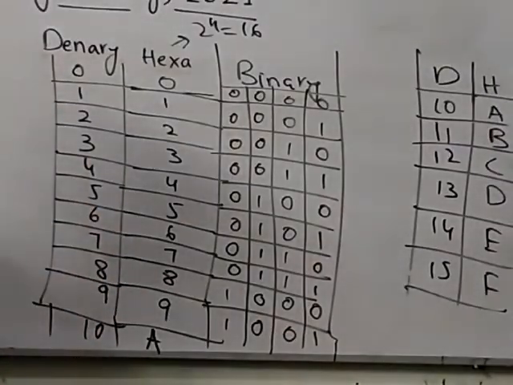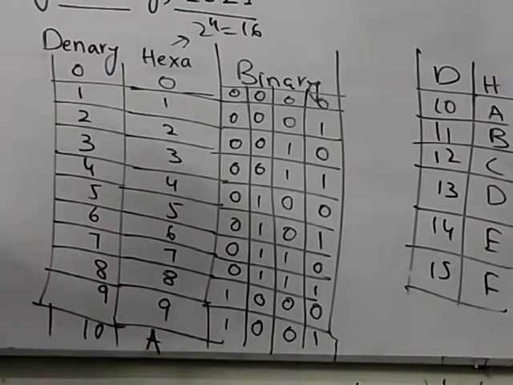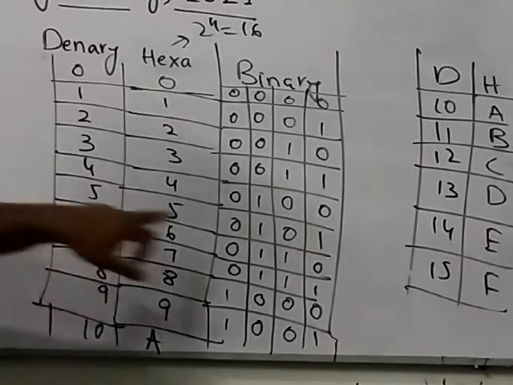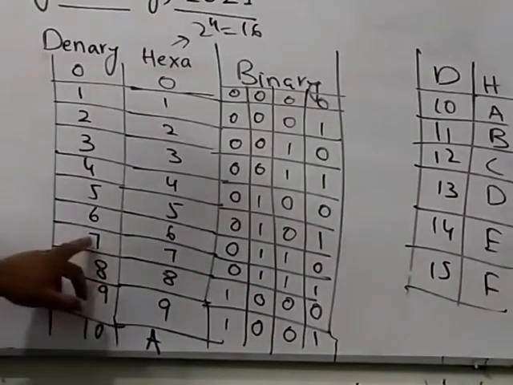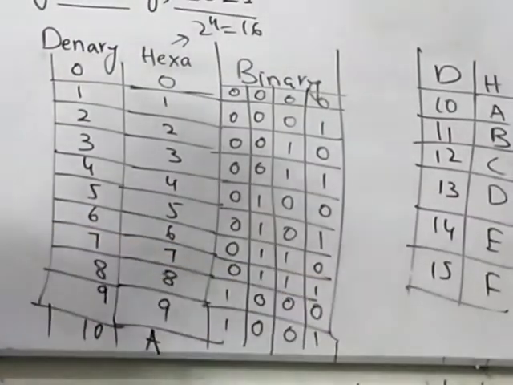So here we are. Now if you want to check how to convert a denary number into binary, it's very easy. For example, this is the denary number 7. Now I want to check its binary value. The binary value of 7 is 0111.